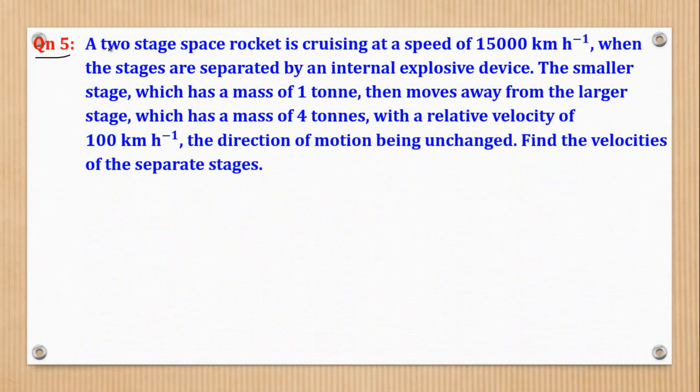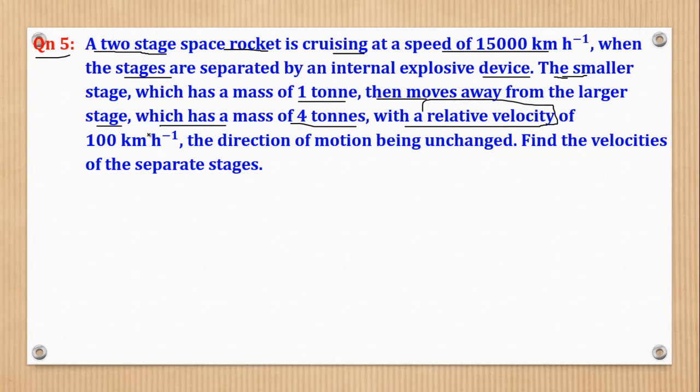So question 5 says a 2-stage space rocket is cruising at a speed of this when the stages are separated by an external explosive device. The smaller stage, which has a mass of 1 ton, then moves away from the larger stage, which has a mass of 4 tons, with a relative velocity.